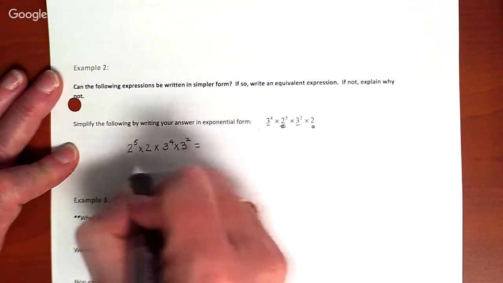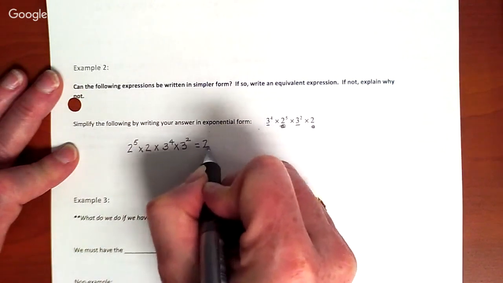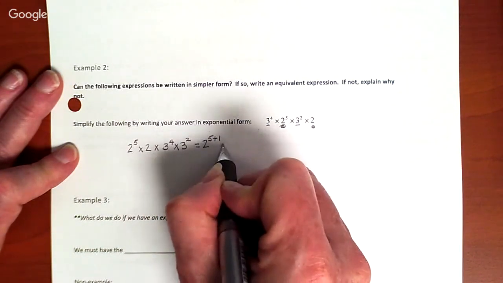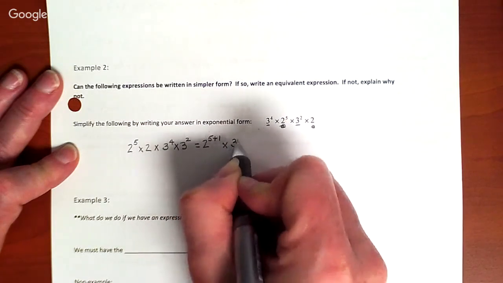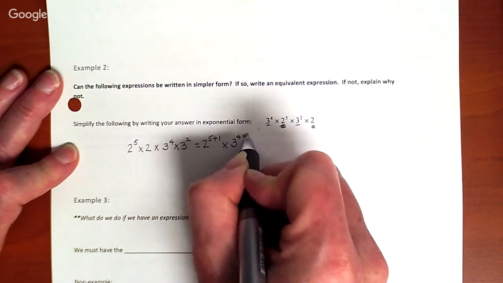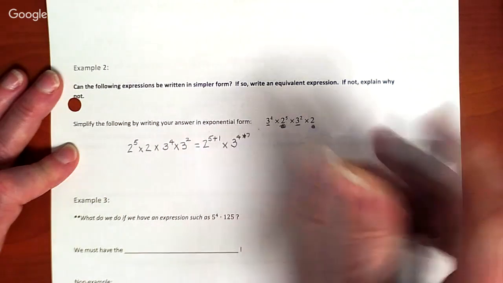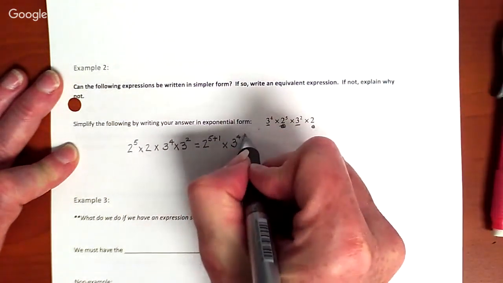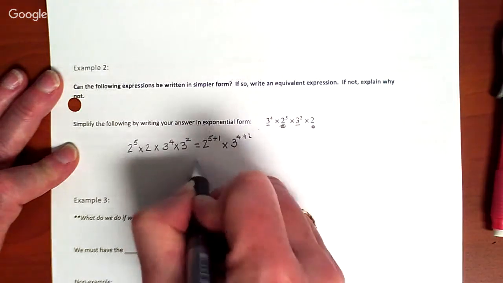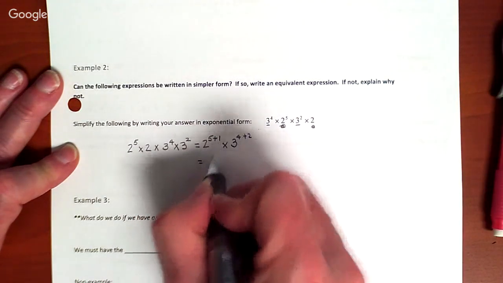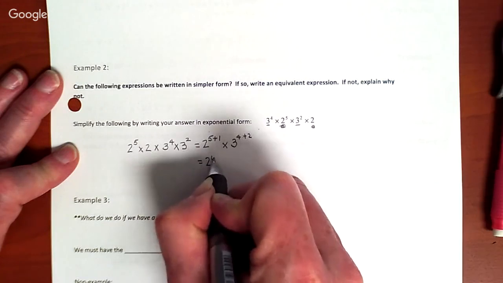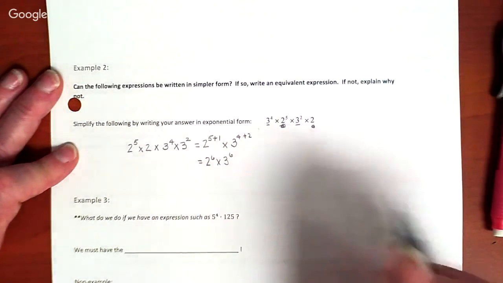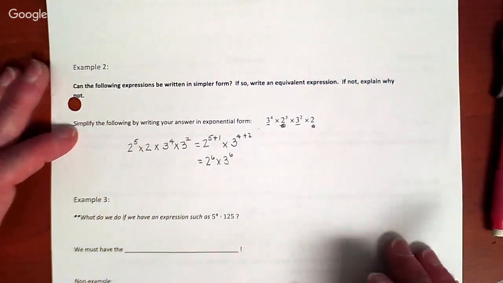Well, that's going to equal 2 to the 5 plus 1 times 3 to the 4 plus 2. Sorry, let me redo that one. So now we have 2 to the 6th times 3 to the 6th. And that's as far as we can simplify that.